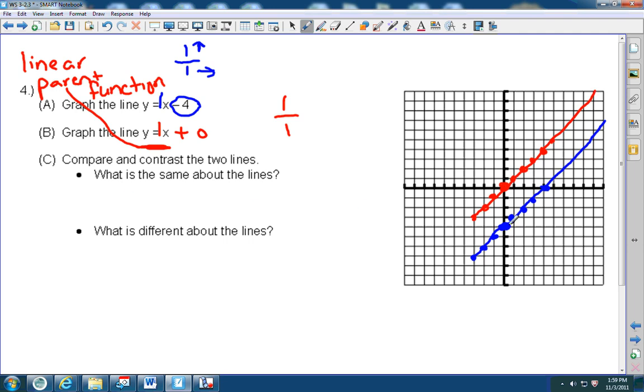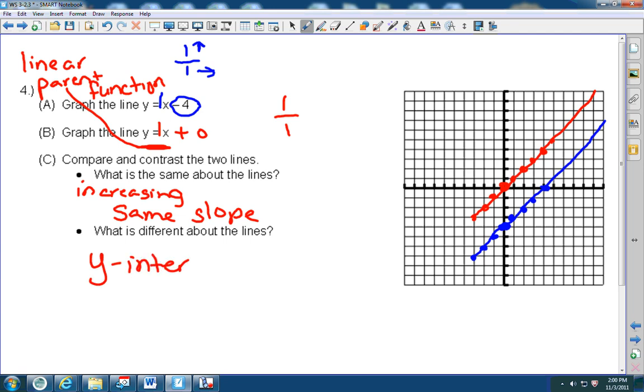What do you notice about these two lines? Are they touching? No. Okay, we'll talk about that in a minute. What is the same about these lines? Both of them are increasing, and they have the same slope. What is different?